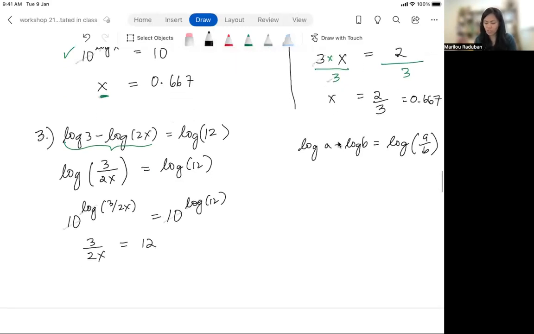It's now just an algebraic expression that you need to manipulate to isolate x. So x is in the denominator. It will be easier if you flip your equation so that x is in the numerator.